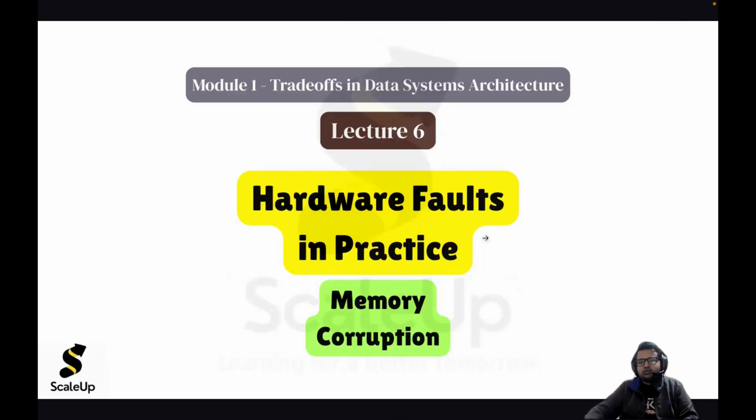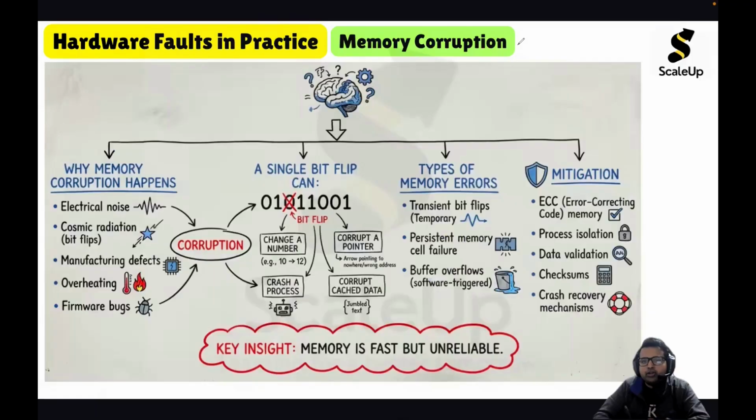Memory corruption. Now see, memory is the RAM. It's very fast, but it's volatile in nature. Why does memory corruption happen? It might happen because of electrical noise or cosmic radiation. In cosmic radiation, high frequency waves might flip the bits, making 0 into 1 or 1 into 0.